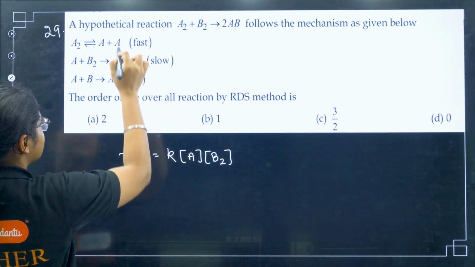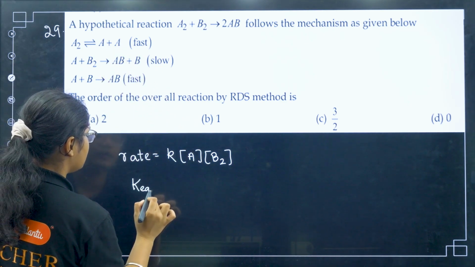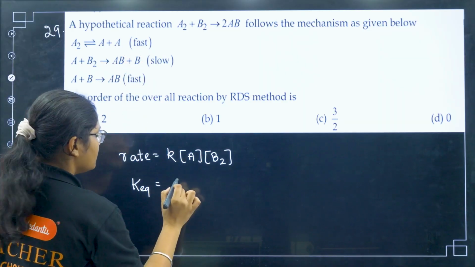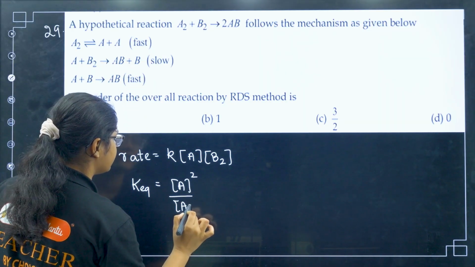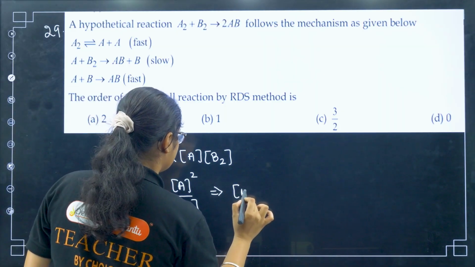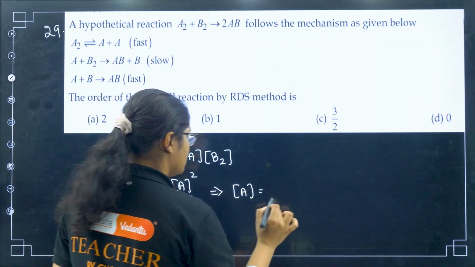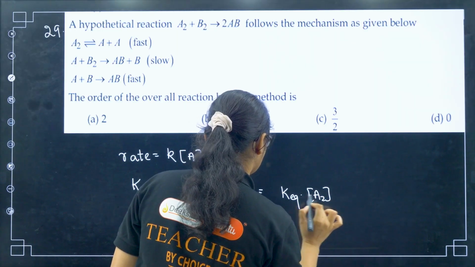So A must be represented in those terms which are given in the reaction. From the first reaction, it is an equilibrium reaction, right? So I can write K equilibrium is equal to product concentration divided by reactant concentration. So A concentration is equal to K equilibrium into A2 its root.